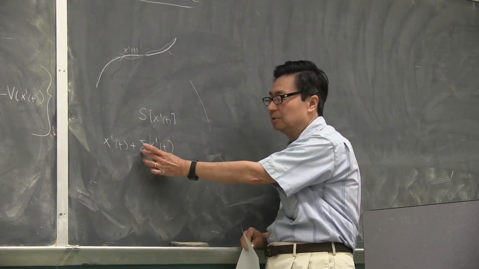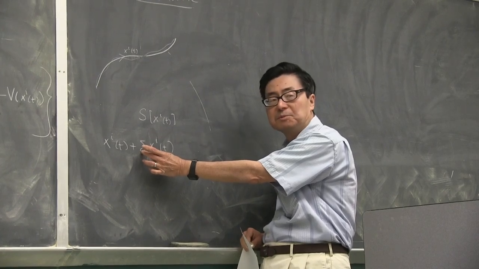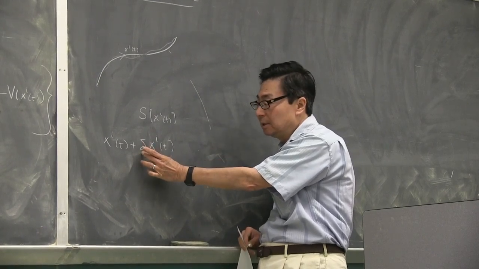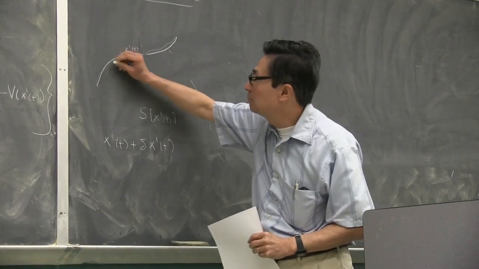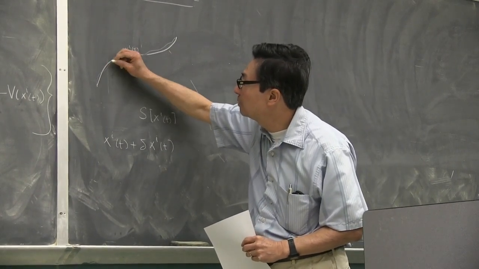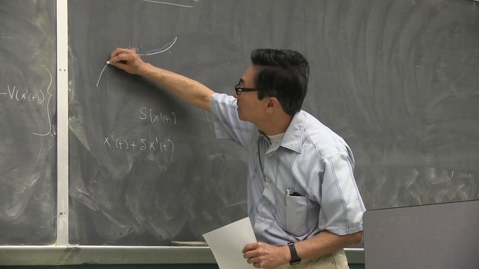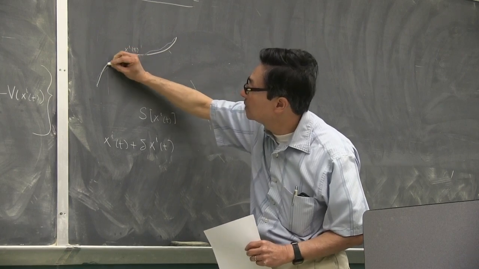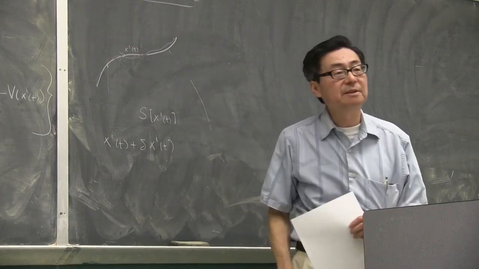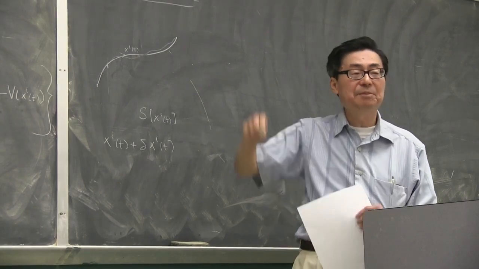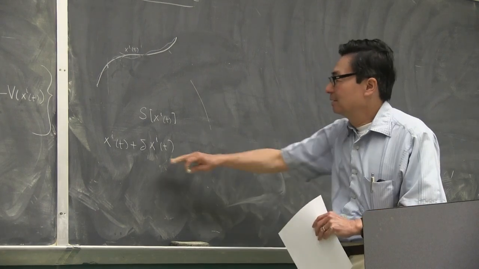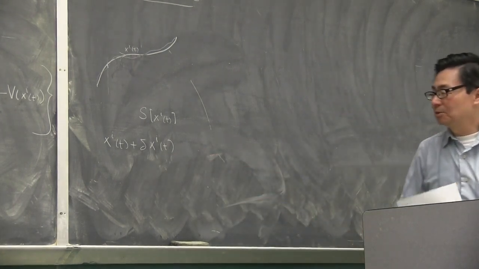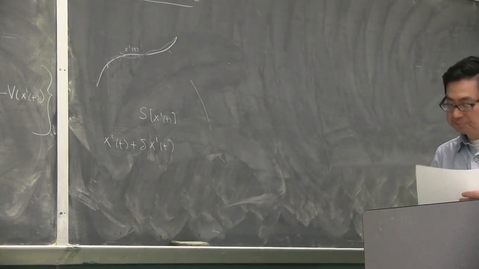Consider this to be a new function, which always assumes small values, okay? So delta x is just a slight change from x, okay? So at a particular point in time, let's say this time, for example, the original value of the x is here, the new value of the x is here, so delta x is just this little bit in here, like that, and so on and so forth. It can be positive, it can be negative, okay?